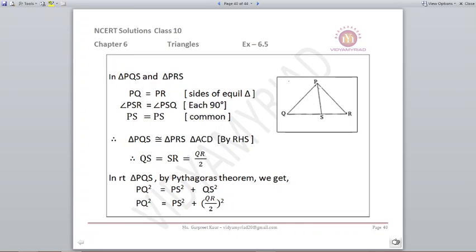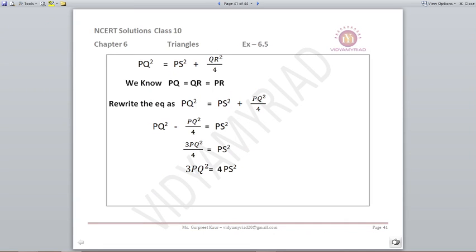So now if I take a right angle triangle PQS, the left side triangle, I get PQ square is equal to PS square plus QS square. Now what is QS? QS is half of QR. So just substitute it. We will get PQ square is equal to PS square plus QR square upon 4.